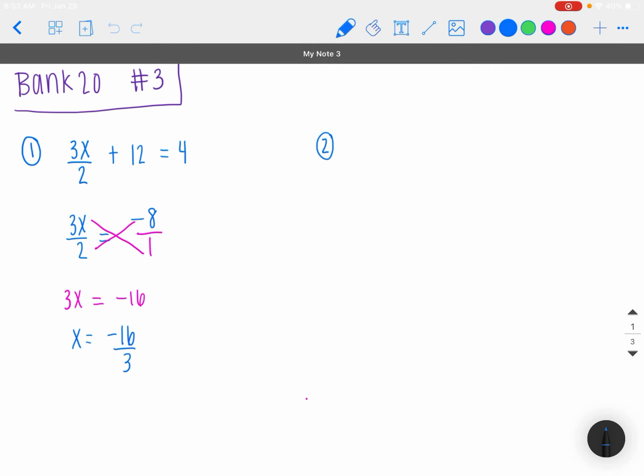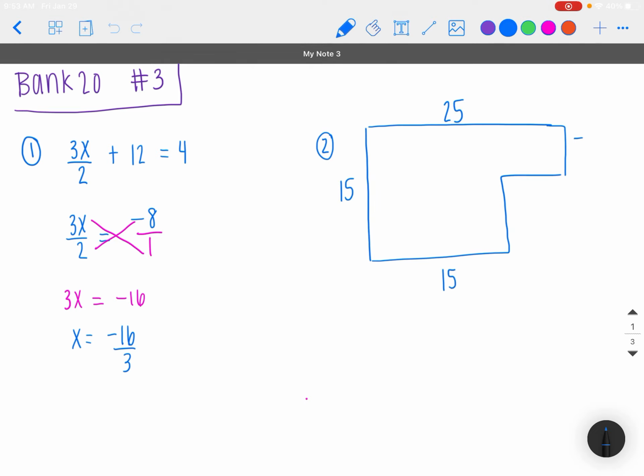Number 2, we have the area, and so all we're going to do is just divide up this figure. So we have 25, 15, 15, and 5. And you may have done it a couple of different ways, but if I cut it off right here, that's going to mean this side is 15 and this side is 10.